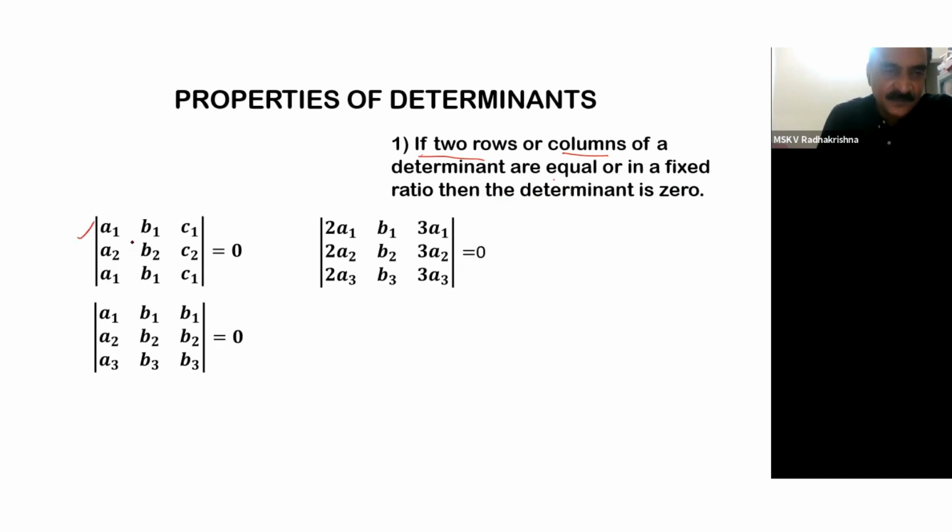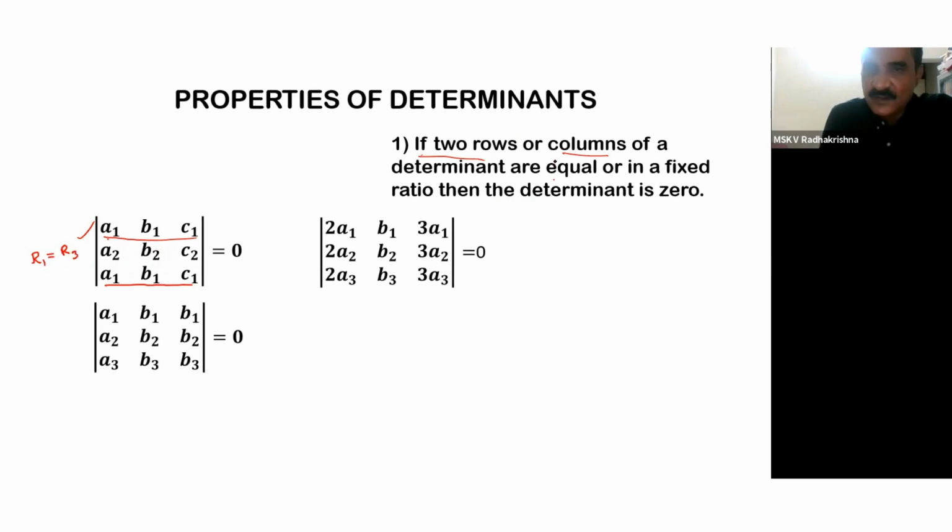In this example, you can observe that the first row and third row are identical. Okay. So here rows are represented by capital R, columns are represented by capital C. So here R1 is equal to R3.